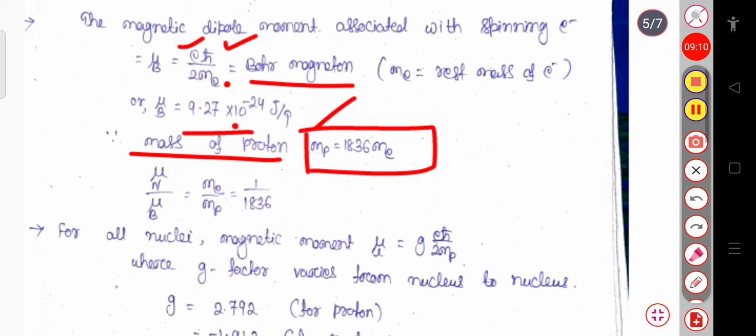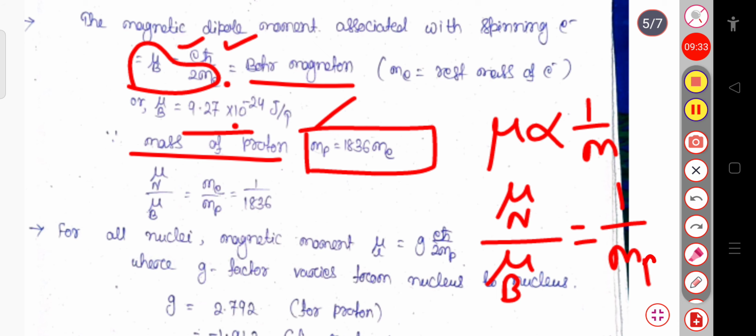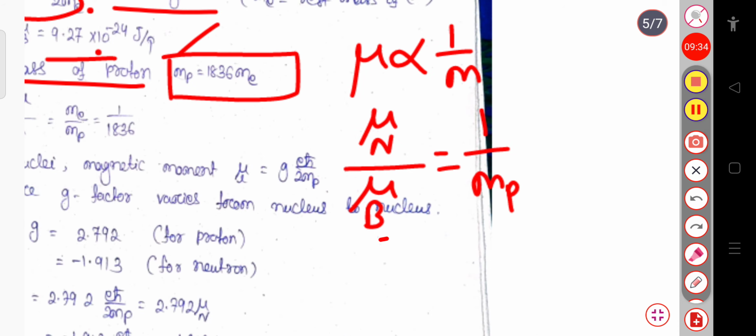Since mu is inversely proportional to the mass, if we take the ratio of the nuclear magneton to the Bohr magneton, the mu is inversely proportional to M. So for the nuclear magneton this will be 1 by MP, and for the Bohr magneton this will be 1 by Me, because it is inversely proportional.